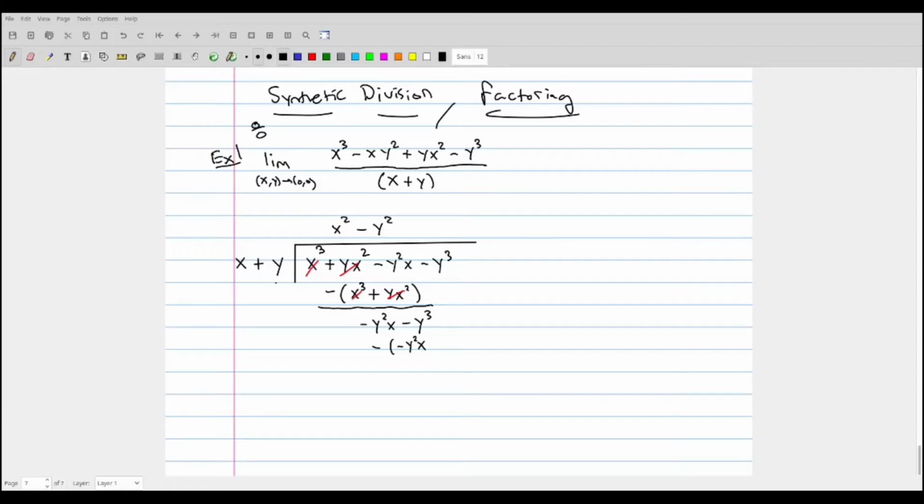And also what's nice is that I get negative y squared times y is negative y cubed. So when I subtract this out, these two terms cancel out and these two terms cancel out, which gives us a remainder of 0.